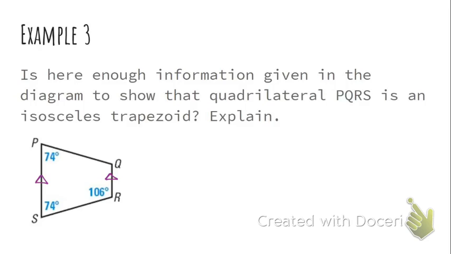Then the next part would be to say if it's an isosceles trapezoid. So we know it's a trapezoid because consecutive interior angles are supplementary.